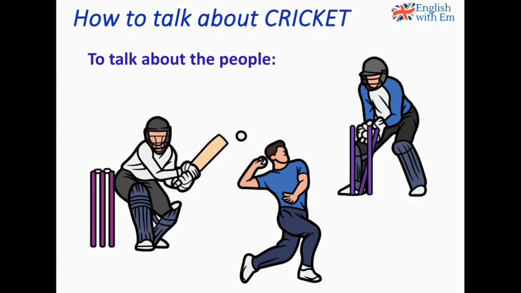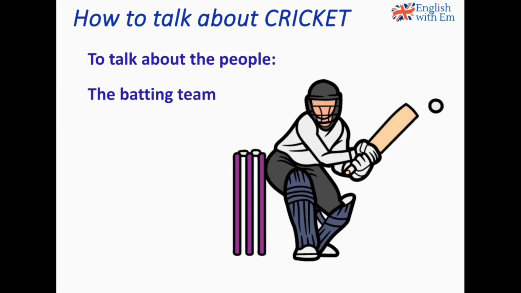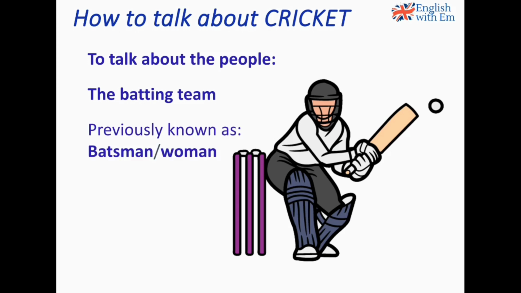Now let's talk about the people. So these are cricket players or cricketers. And you have the batting team. Now, the person batting was previously known as the batsman or batswoman, but since 2021, the person batting is simply called the batter.